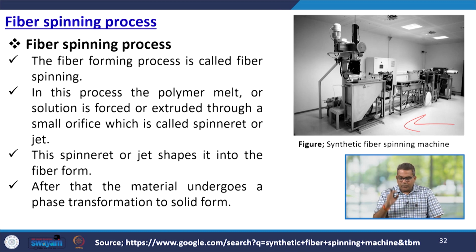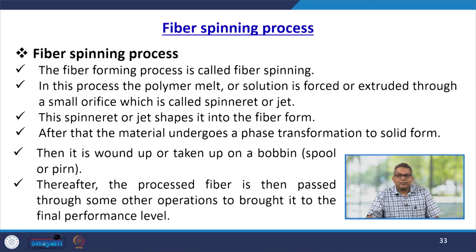So the things are simple. First, the proper application of heat melts the polymer, and then it is forced through the spinneret, and then the material becomes a bit cold, and that is called the fiber.